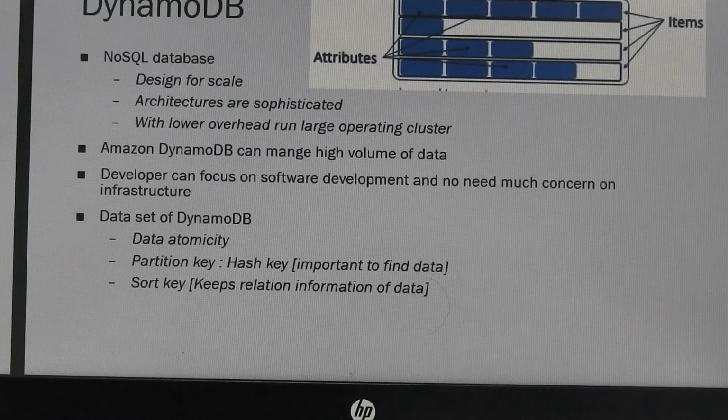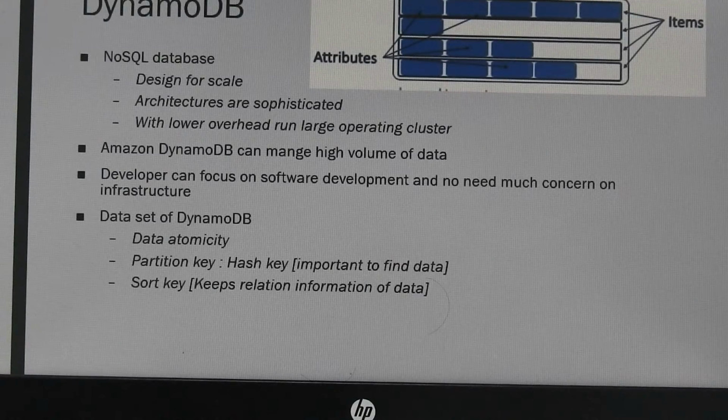I will give an example. When we are getting the table, this is the table, and it contains something like the employee table, EMP table.